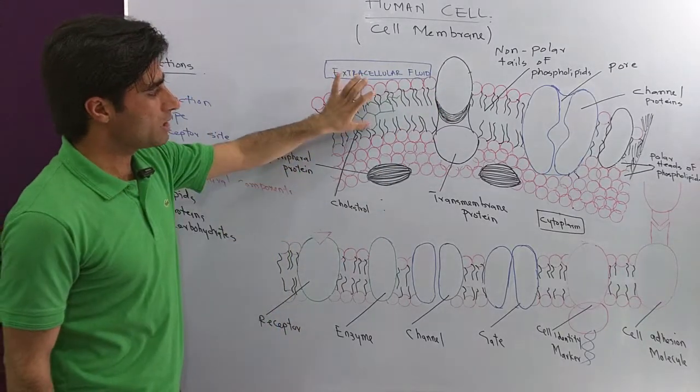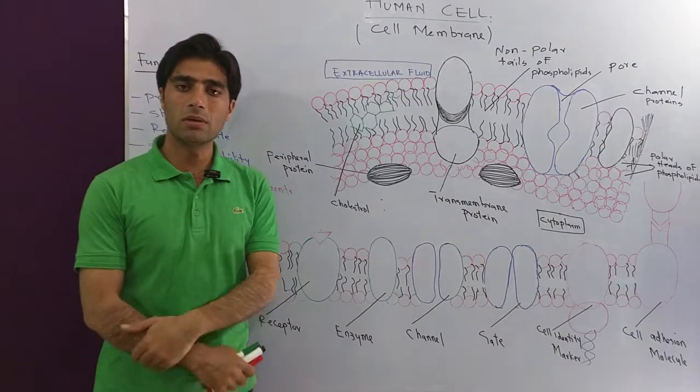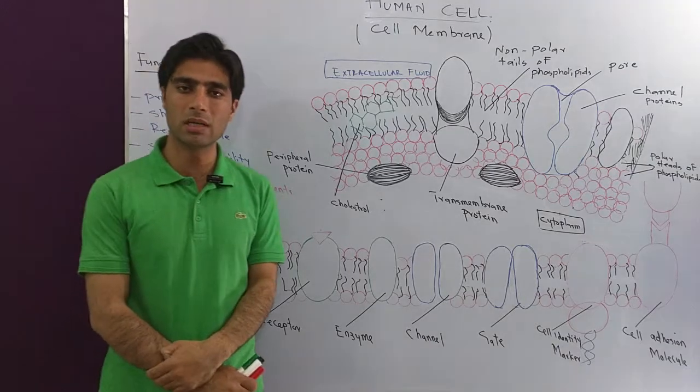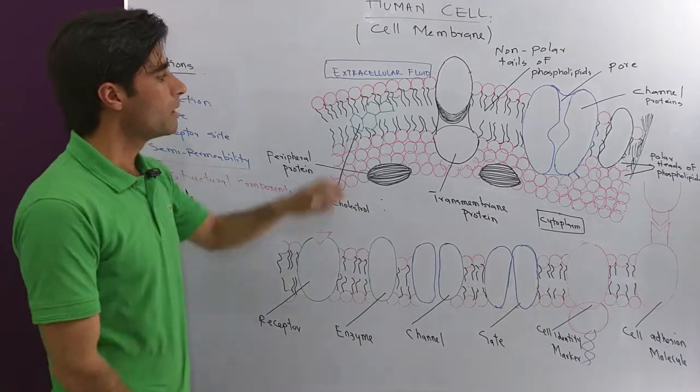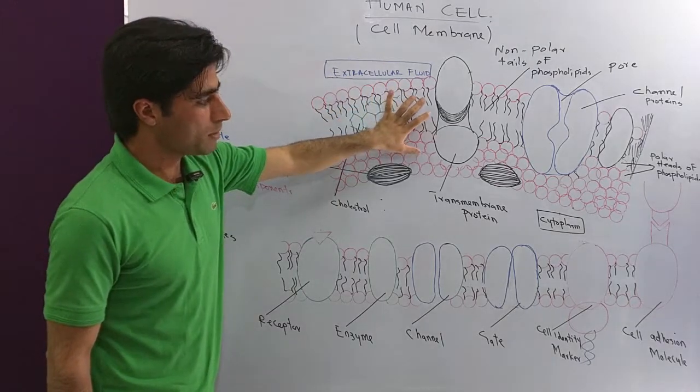The cell membrane is basically made up of lipids. More than 75% of its components are lipids, of different types, and among them phospholipids are the most abundant. So now look, this is actually one of the structures of the plasma membrane.